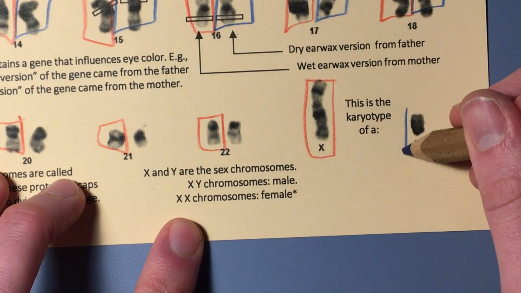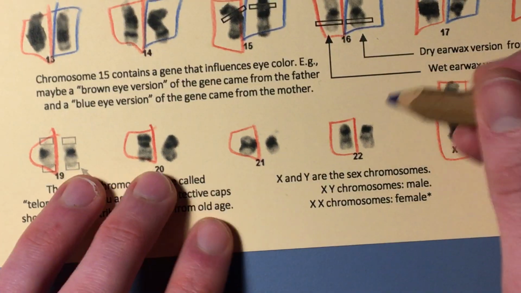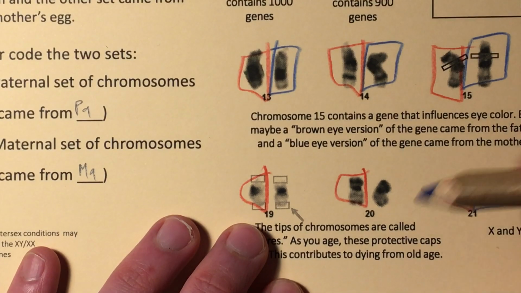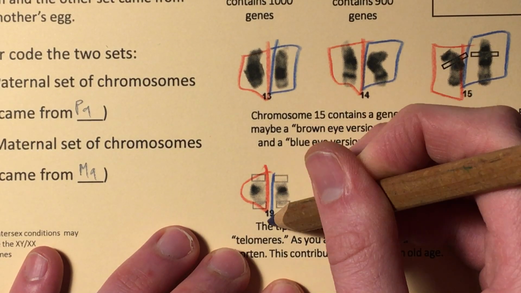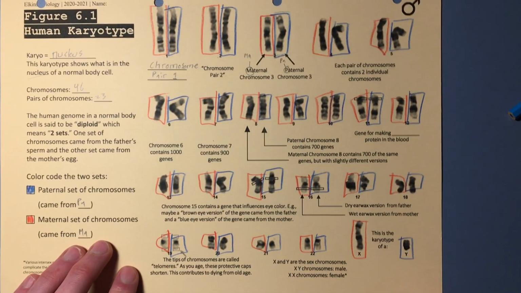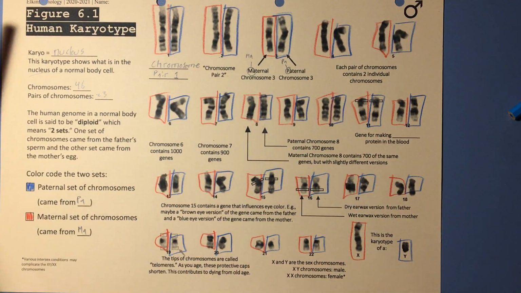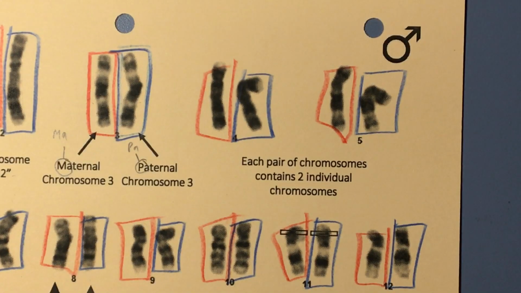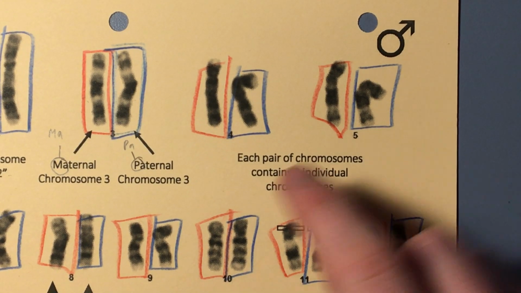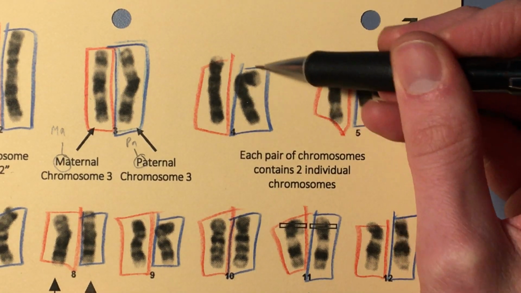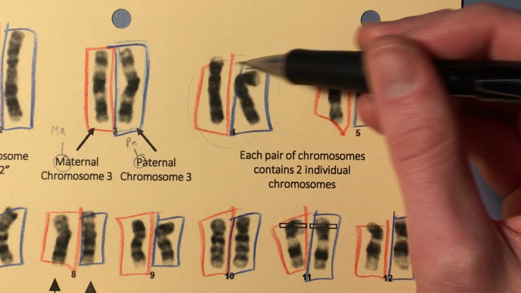Here, Y came from the father, and we'll talk about that in a bit. Now we have the red set and the blue set. Each pair of chromosomes contains 2 individual chromosomes. So I would refer to this as an individual chromosome, and this is a pair of chromosomes.